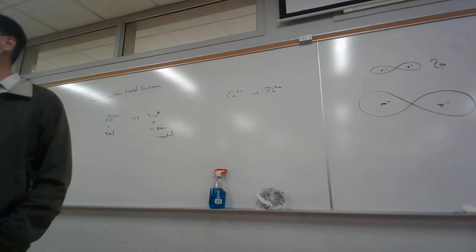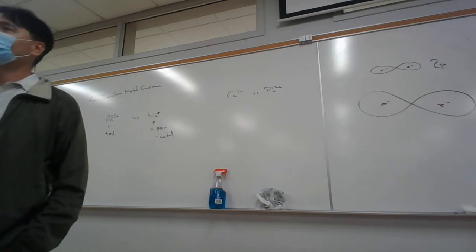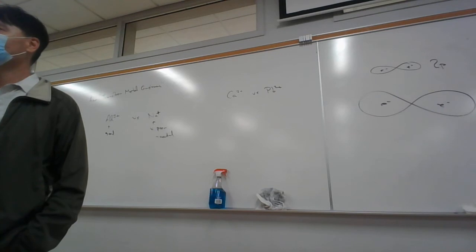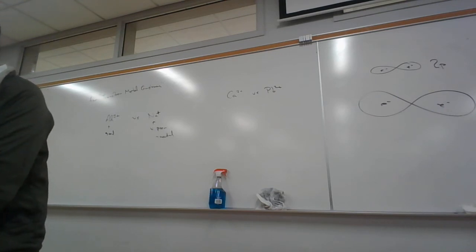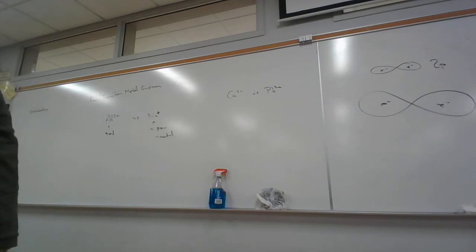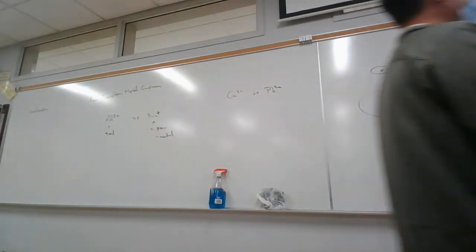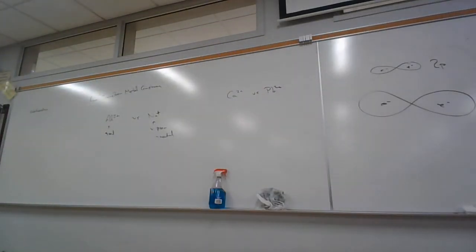I talked about lead before, didn't I? A lot of electrons, a lot of orbitals. It's good at absorbing what? Light, X-rays. Did I mention that? I guess I talked about that in the morning class. You've got a lot of electrons, you can absorb a lot of light.